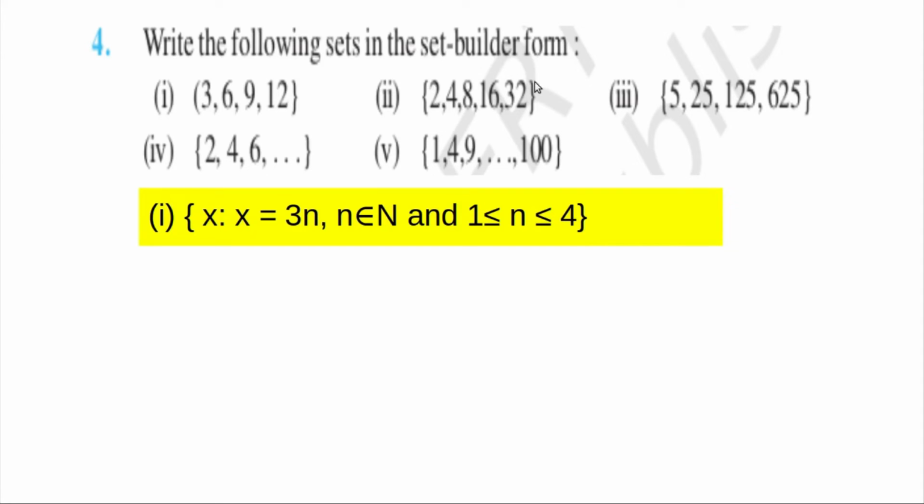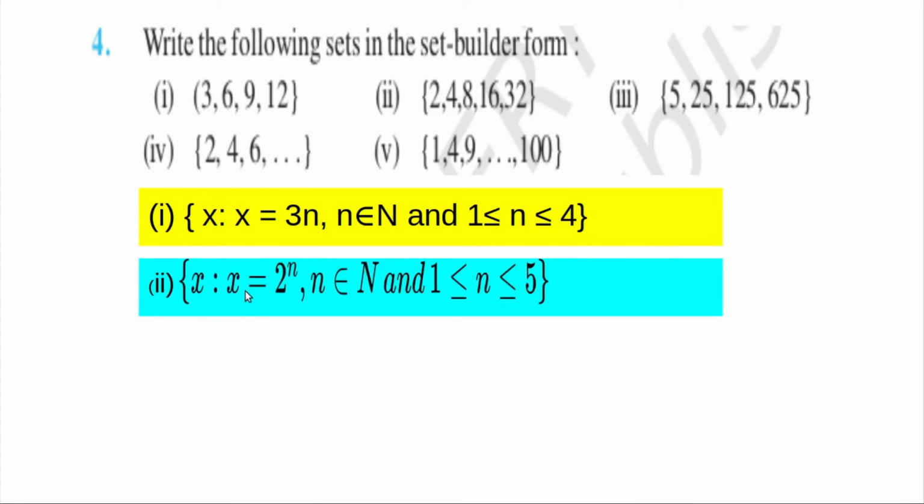Therefore these numbers have a common property, that is, the 2 raised to n formula, where n is a natural number between 1 and 5 including both. Therefore we can write it like this: set of all x such that x equals 2 raised to n, where n is a natural number, 1 less than or equal to n less than or equal to 5.